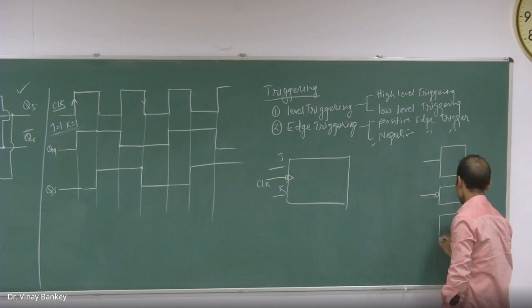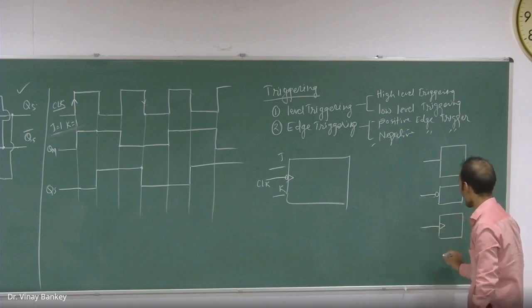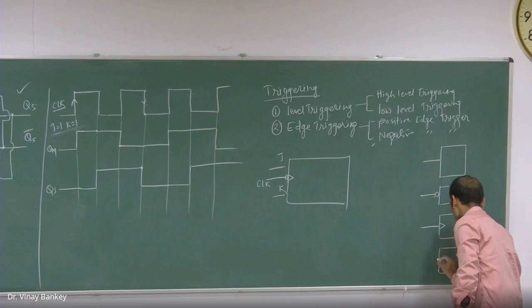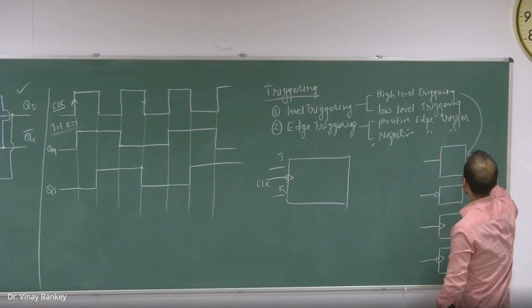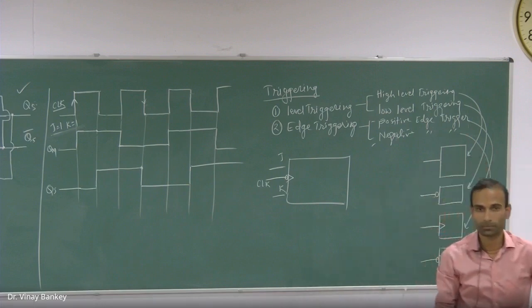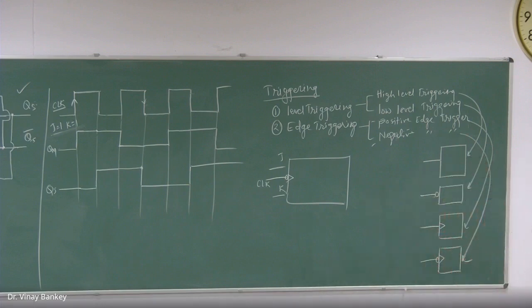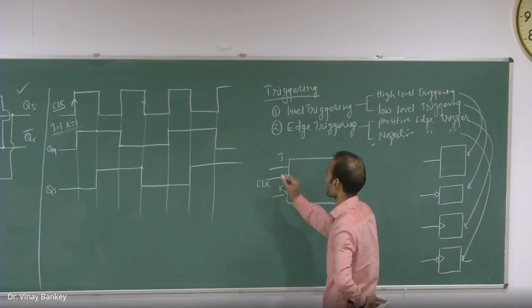And if there is a triangle, this is called positive edge triggering. And if you put a bubble in front of this triangle, this will become negative edge triggering. So now we'll see what happens when we apply a negative edge triggering to the JK flip-flop.